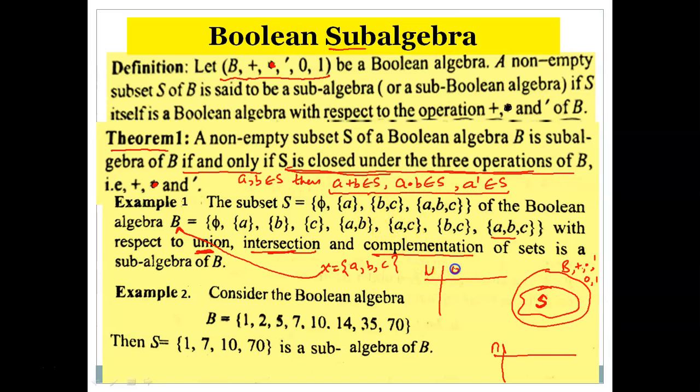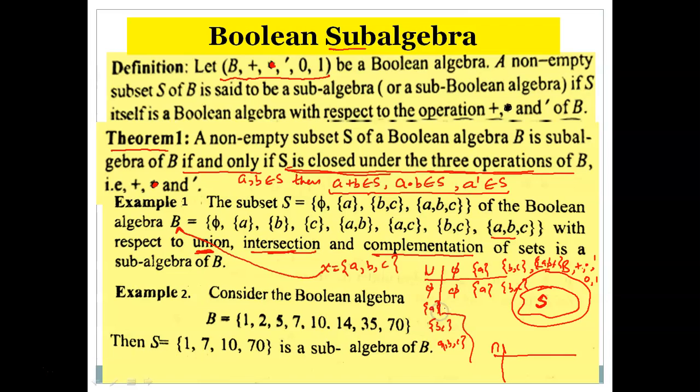So that can be checked with the help of a composition table. Suppose you write here phi, A, BC, and ABC, and similarly phi, A, BC, and ABC. Now you prepare this table. Phi union phi is phi, phi union A is A, and here is BC, and similarly ABC.